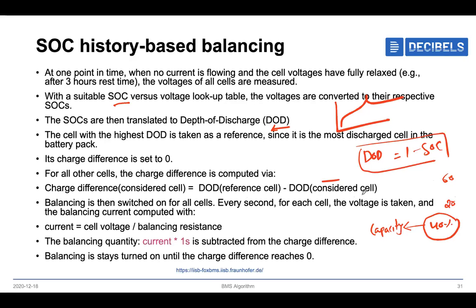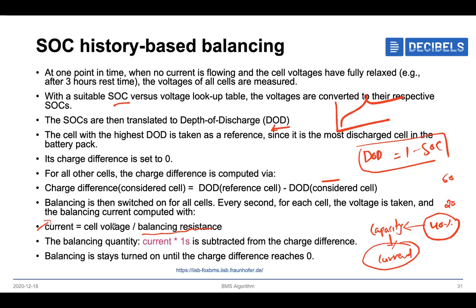How we can balance is, as I told you, there will be some passive elements as well as active elements like resistors, transistors, and all this stuff. So if you know the balancing resistance, and if you know the capacity, we can convert this capacity to the current. We can measure it by using current equal to cell voltage divided by balancing resistance.